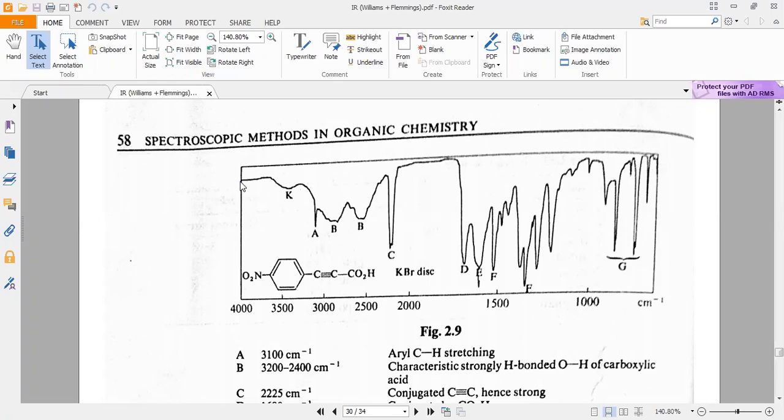But if we use methanol, we shall get OH stretching. So if OH is also present in the molecule, it shall confuse. So we cannot use ethanol, methanol, water, or any other polar solvent for this. If our compound is polar, it is not soluble in chloroform or diethyl ether. So we are supposed to dissolve that in alcohol.